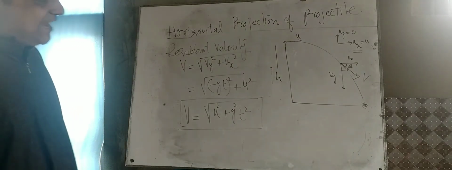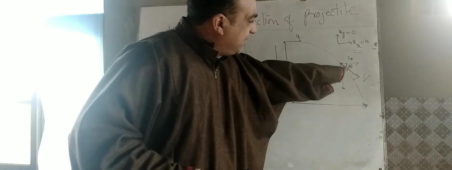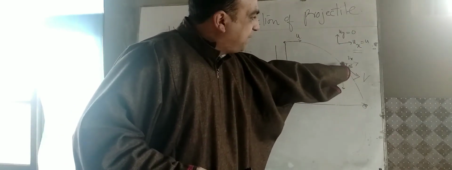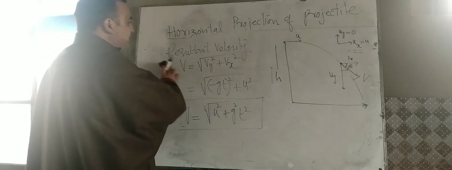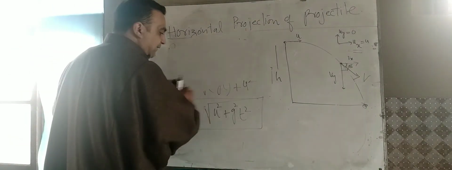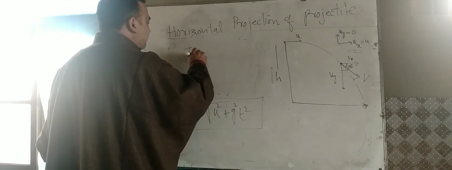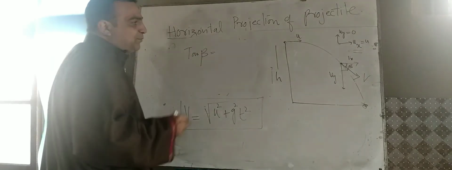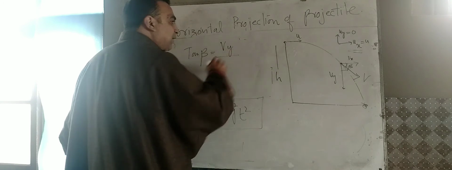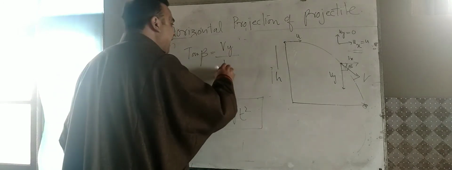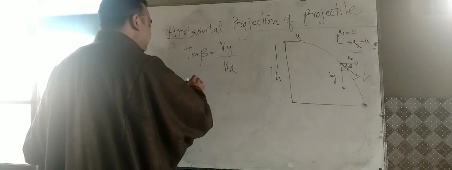At the same point of time, we would like to calculate the angle that this resultant velocity makes with the horizontal. So this is your resultant velocity. If I write tan beta, that is perpendicular by base. What is perpendicular? That's Vy, divided by the base, which is Vx. So what is tan beta?